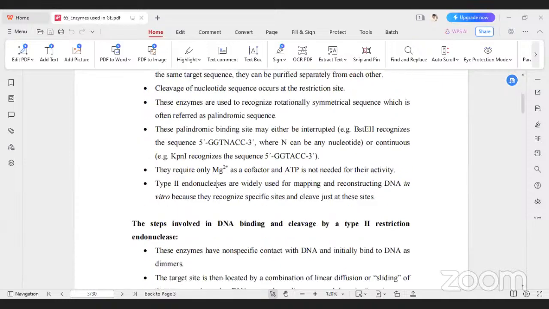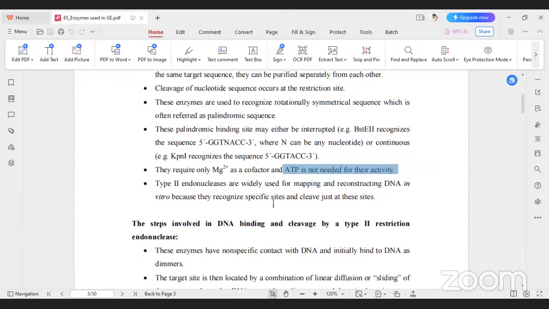Here, the palindromic sequence may be 5 to 3, GGTACC. For this activity only Mg2+ is required as a cofactor. ATP and SAM are not involved in this.